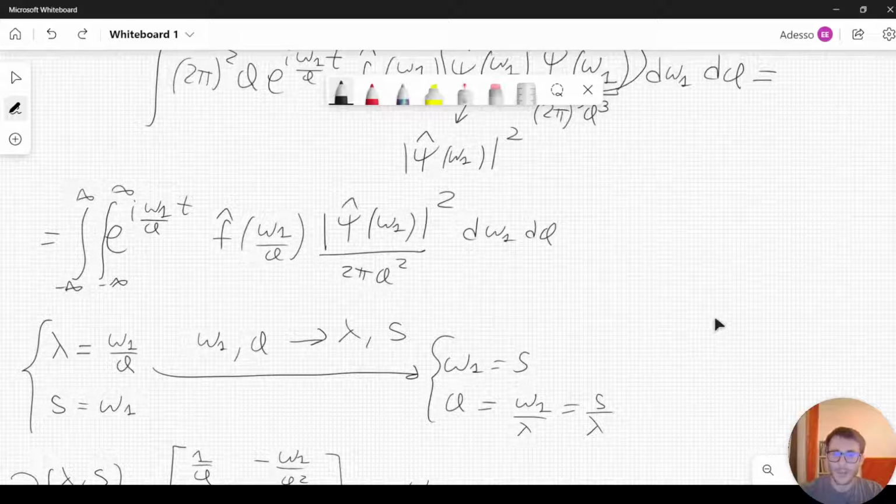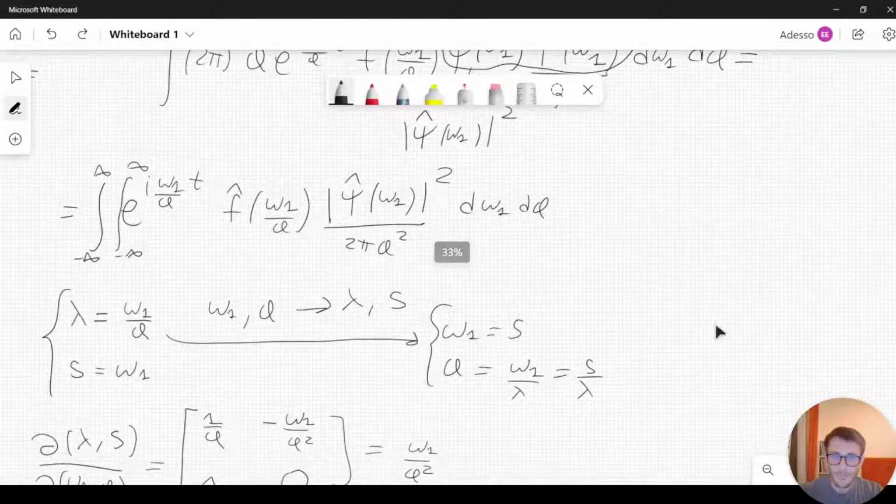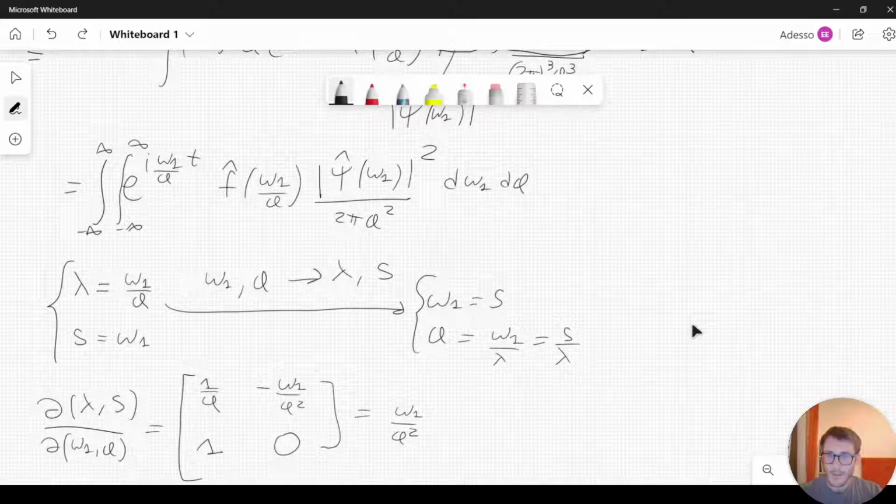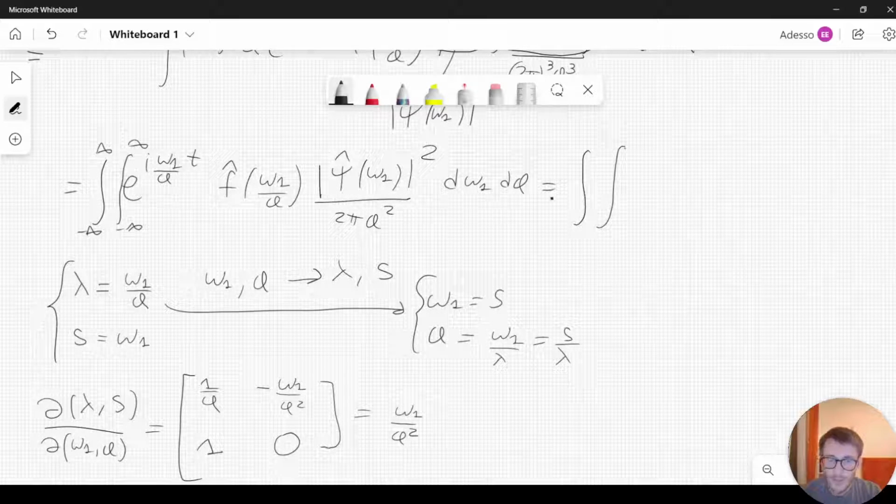So let me rewrite this double integral here. I have to carry out a double integral as well, and it's quite easy to see that the integration will have to be performed from minus infinity to plus infinity here as well, because the variables omega 1 and a range from minus infinity to plus infinity.